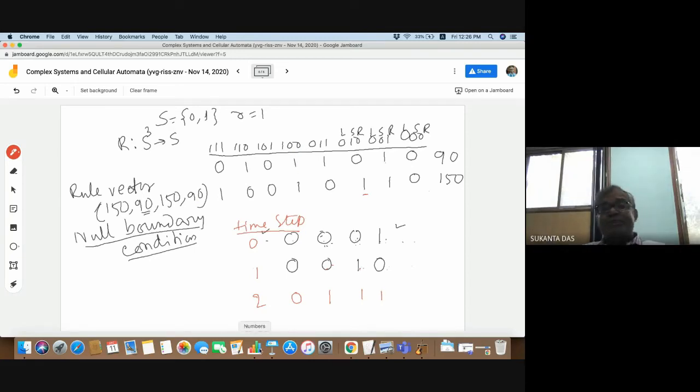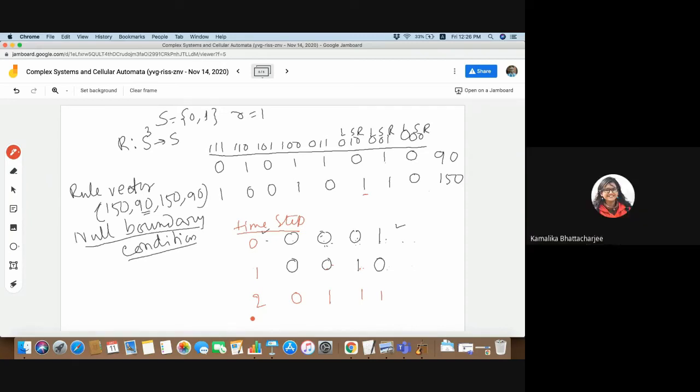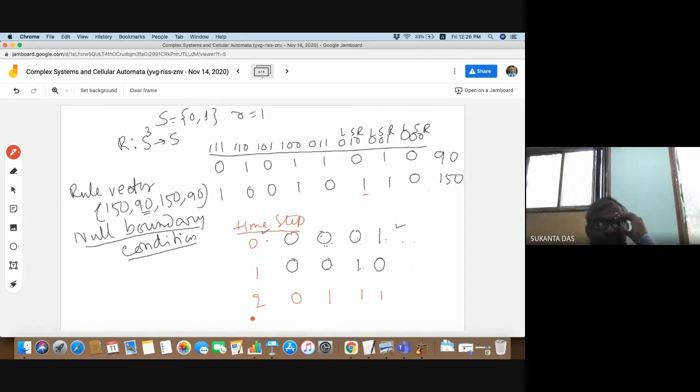Right? In this way. So from the initial configuration and considering the rule vector, I can find the configurations, right?